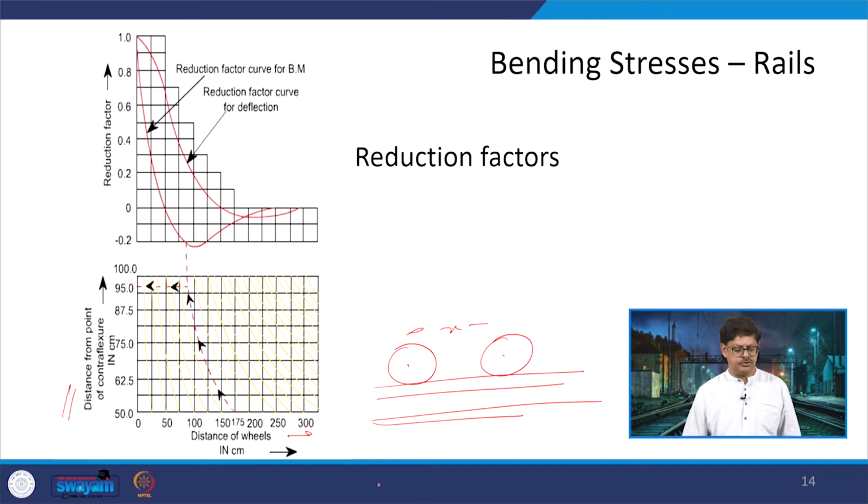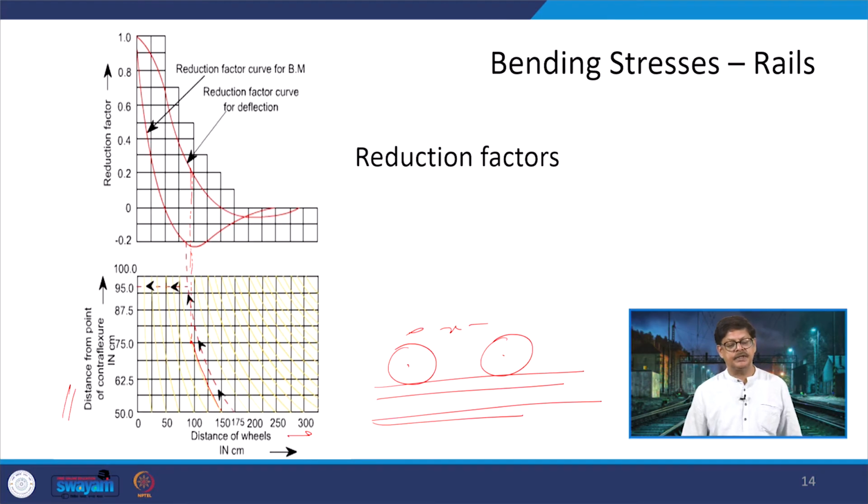Now, once you have these two values, suppose the wheel distance is 150 and the distance from the point of contraflexure is 75. So, we will go along the curve to 75 and then from that 75 we will go vertically upwards, and then we will see where this particular line intersects the two curves given at the top.